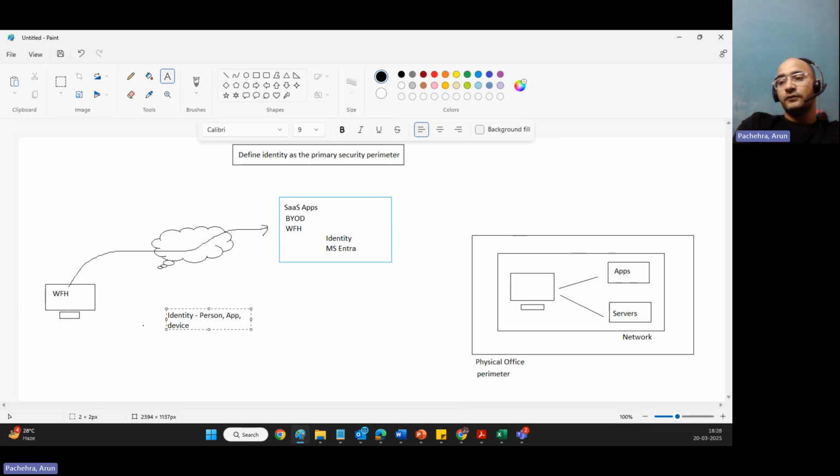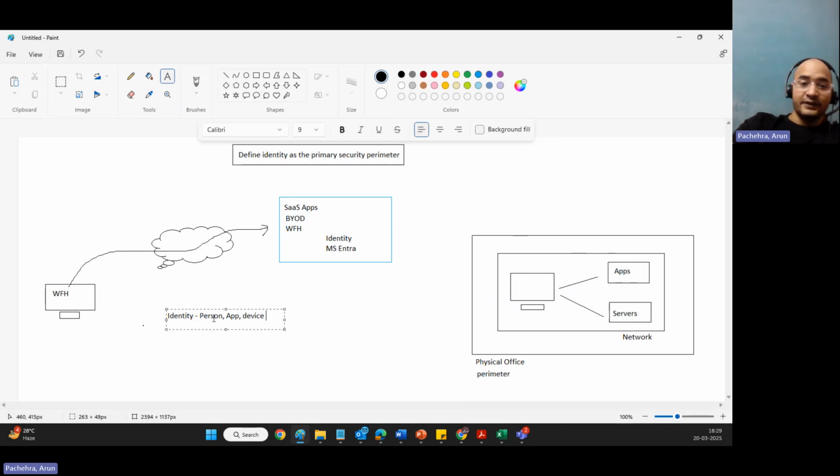Anything on which we can assign permissions so that this principal can access a particular resource or perform its task could be an identity. It's not like only a user or a human being would be an identity. Even an application or a device could be an identity.